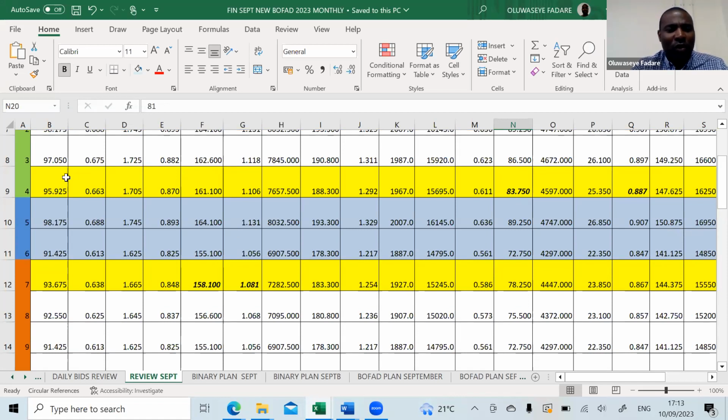So let's see which of the positions the market has been able to activate since our last report. For AUD JPY, so far, as of today, the 10th, let me show you so that you can have an idea as well.